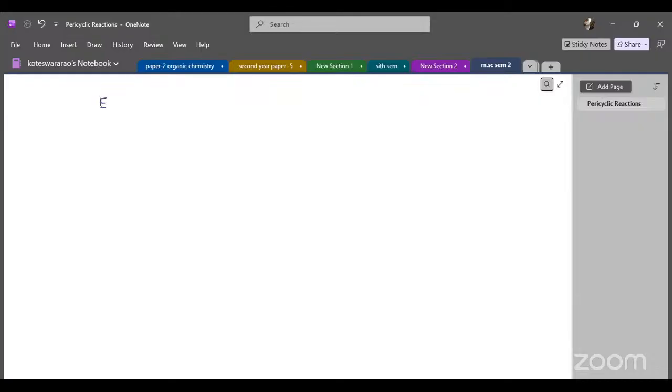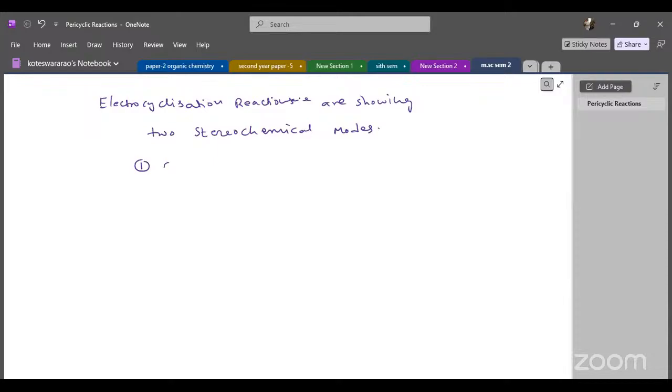The first one is conrotatory electrocyclization.